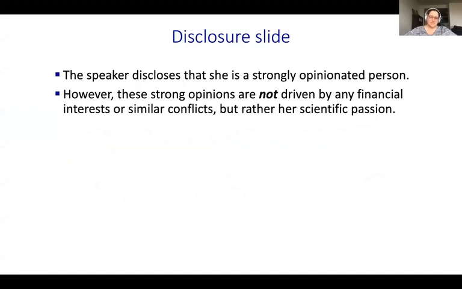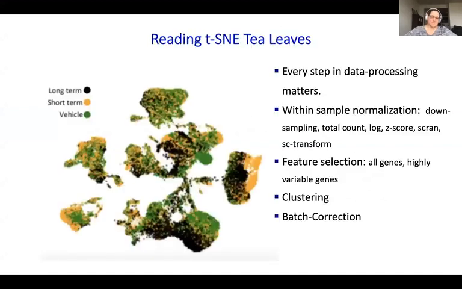I decided that this talk, in addition to telling you some scientific stories, I'll also take an opportunity to do a little bit of education in computational biology. It's become really easy to collect single cell data with the 10x machine.